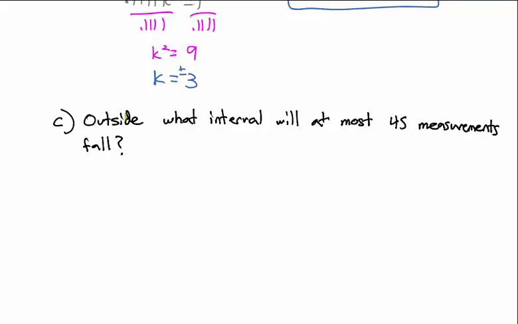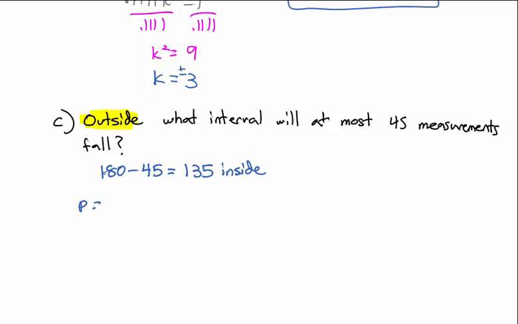The key word here is outside. What values? Chebyshev tells us the number that fall inside an interval. So if 45 are going to fall outside, our formula is going to tell us how many fall inside. There were 180 measurements. If there's 45 on the outside, subtracting gives us 135 inside.